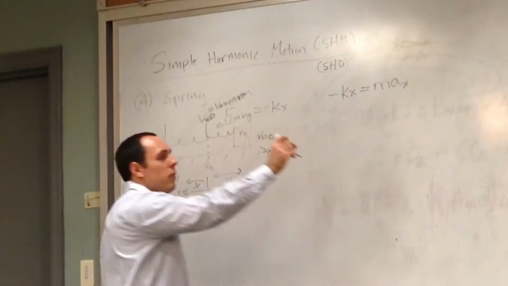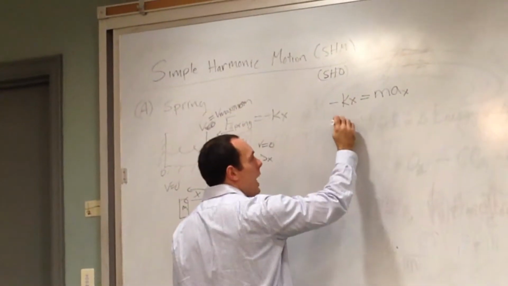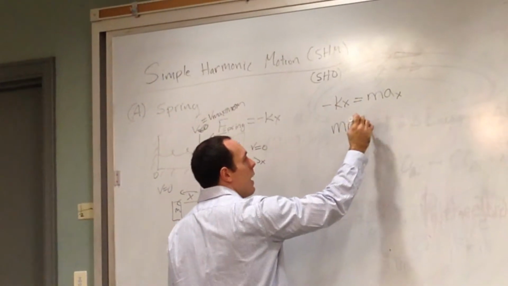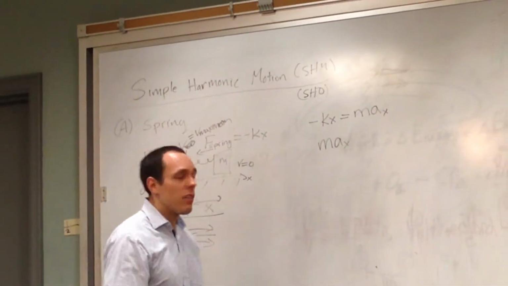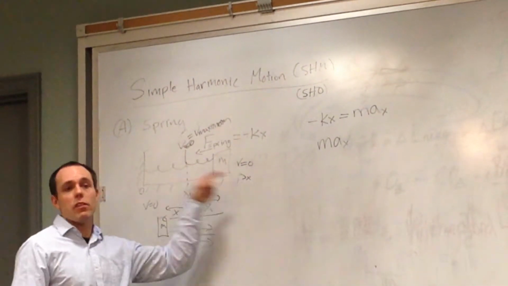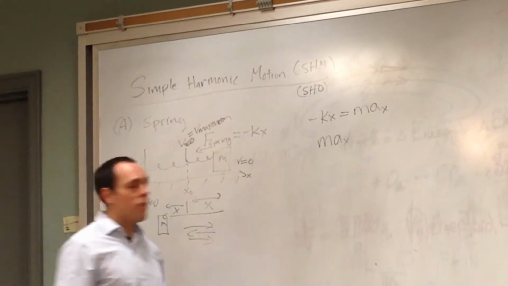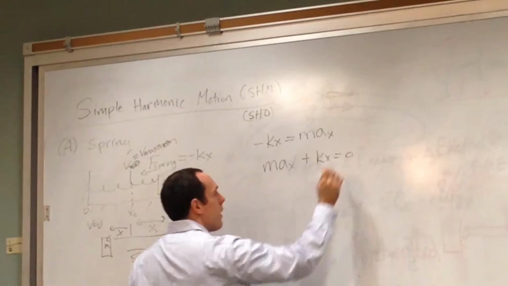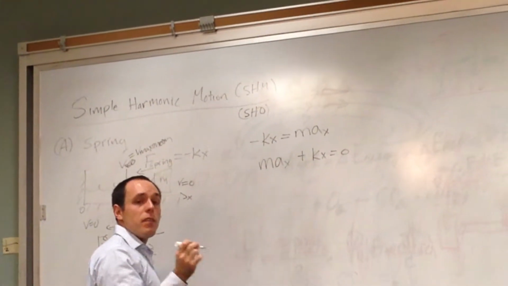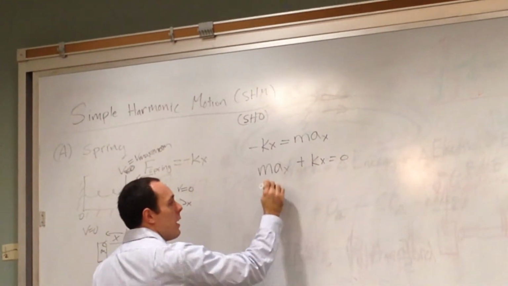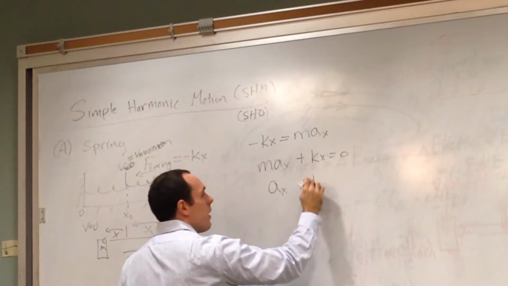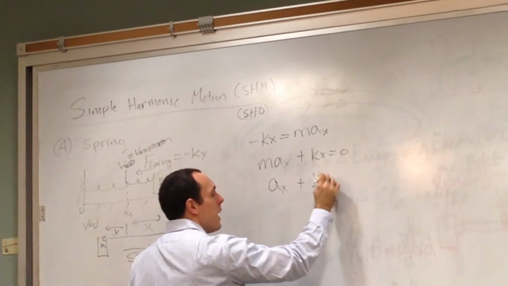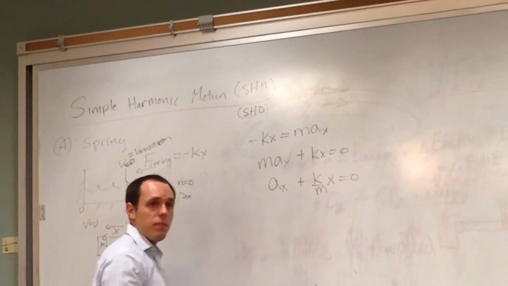Setting them equal to each other, if I add kx on both sides, I have m multiplied by the acceleration, which I'm specifically saying is only in the x direction, of the mass m, plus kx is equal to 0. Dividing everything by m, I have the acceleration plus k over m x is equal to 0.